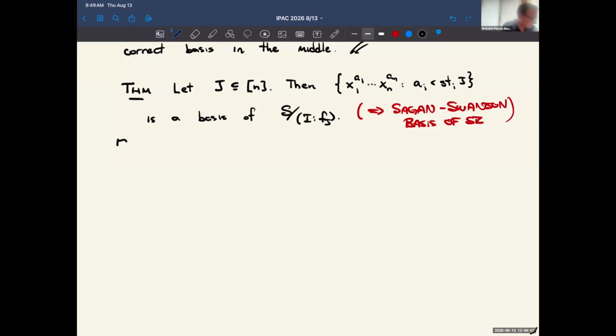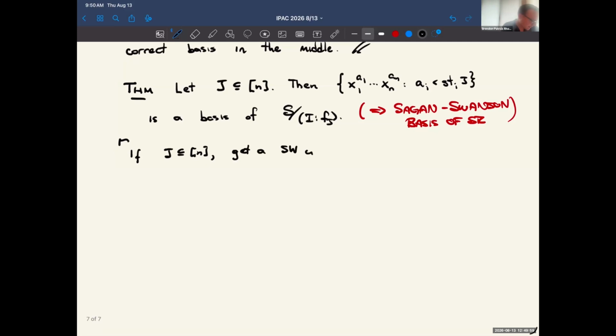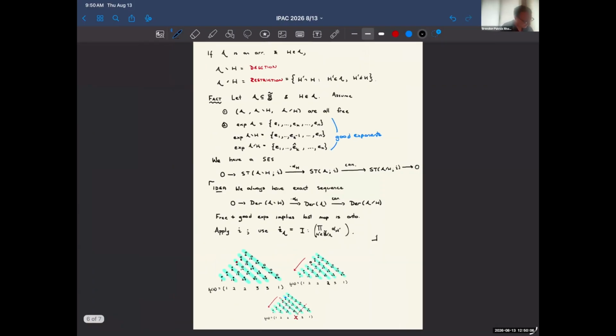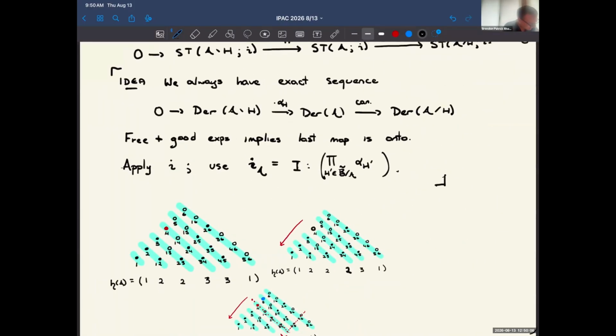And how are we going to do this? So if I have J a subset of N, I'm just going to say that we get a southwest arrangement AJ. And once again, I will define things by example. And once again, I will shamelessly copy from stuff that I wrote down before.